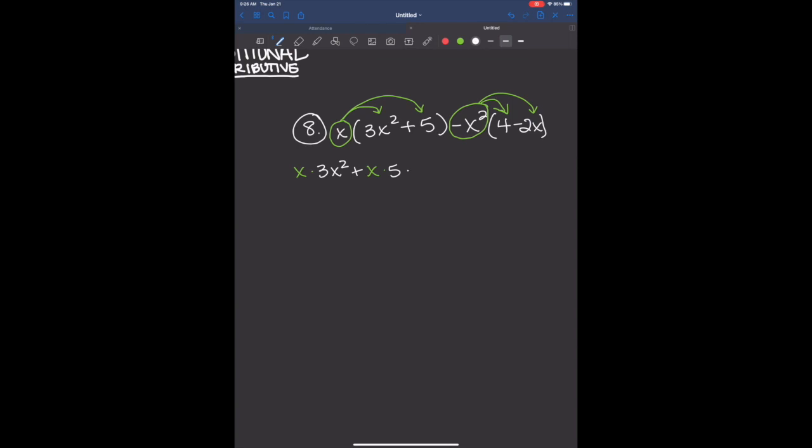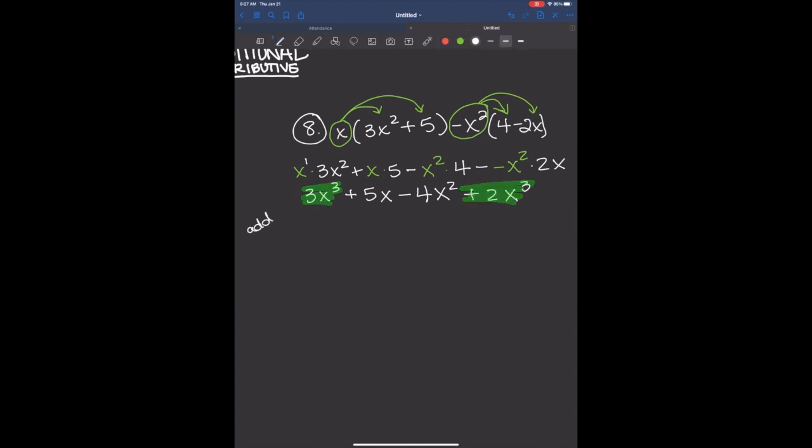So you can see in the green how I'm multiplying the new variables inside the parentheses. We've got a double negative there. So that's going to give us 3x to the third, because we have 1 plus 2, plus 5x minus 4x squared plus 2x cubed, because we add the 2 and the 1.